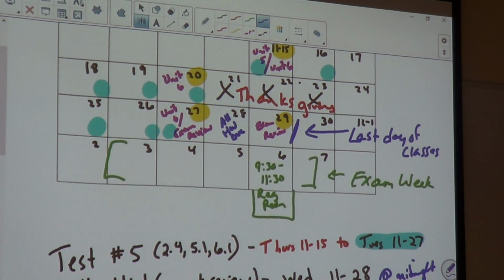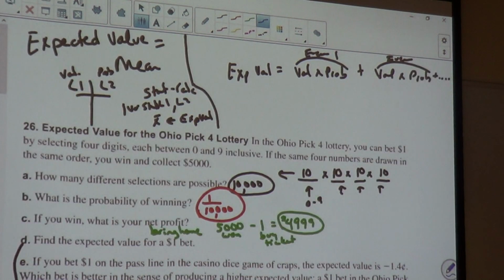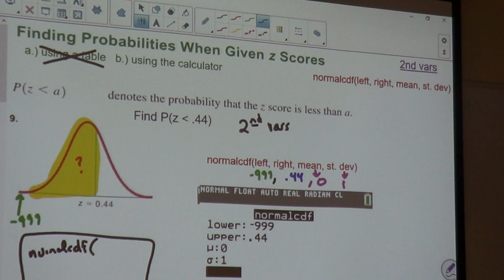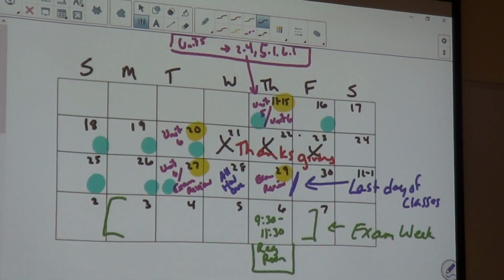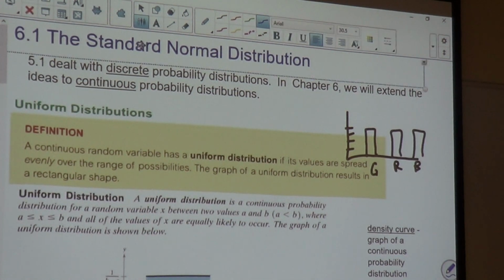All right. Now, hold on just a sec. I'm coming back. Now, let me see what section we're on. I don't know why I didn't clean this up before. Okay, 6-1 is where we are.